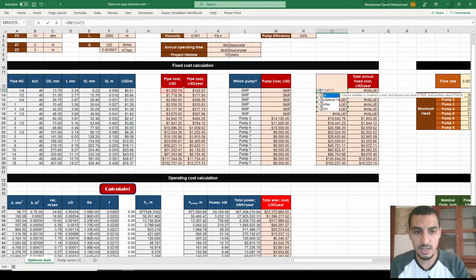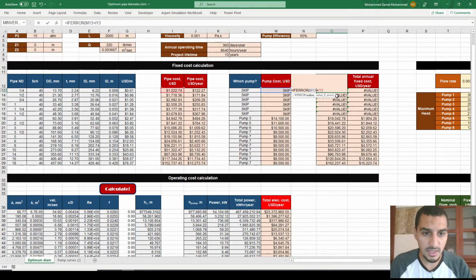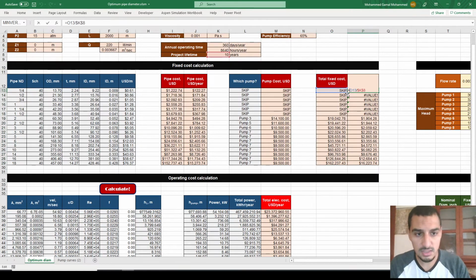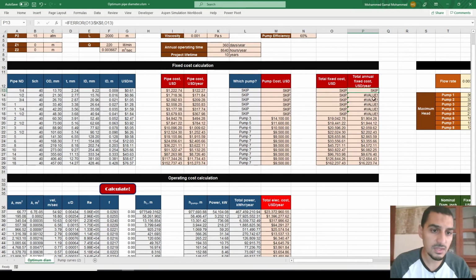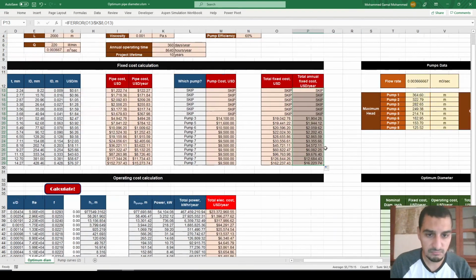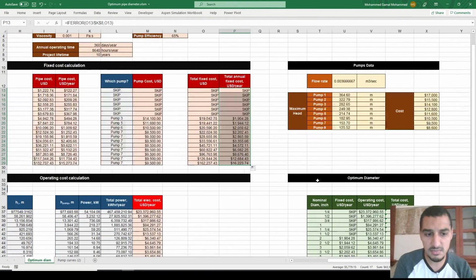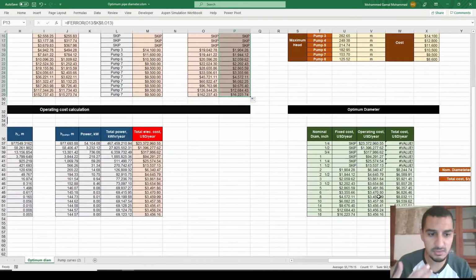The same here, it's going to be IFERROR, and if it's an error, I want it to put a skip. And the same here, IFERROR and skip. So now I don't have any errors here. This is not going to make any difference here, but it makes me feel better about myself.